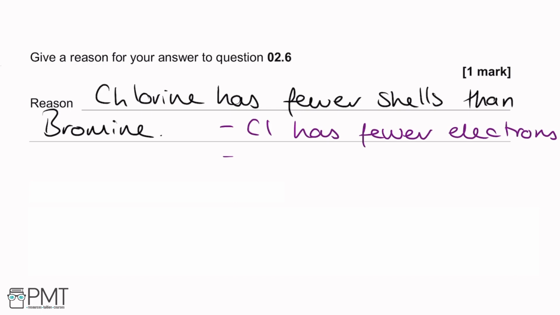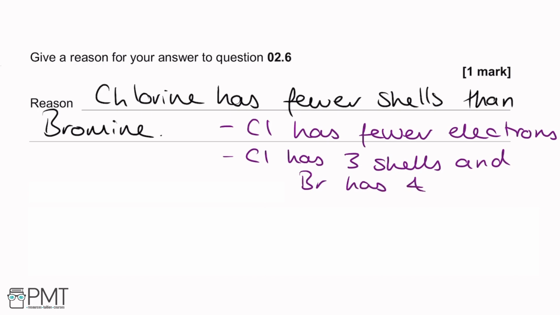Where I've said chlorine has fewer shells than bromine, you could have explicitly said that chlorine has 3 shells and that bromine has 4 shells. You can find that information by looking at what period it is in on the periodic table. So a few alternative answers that would have been allowed in this question.